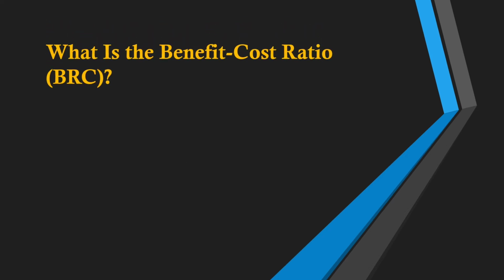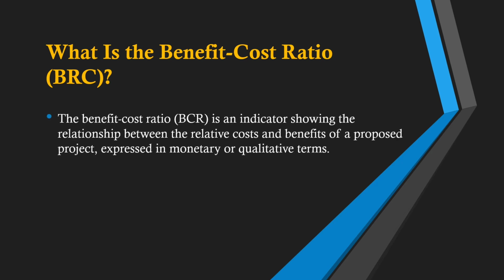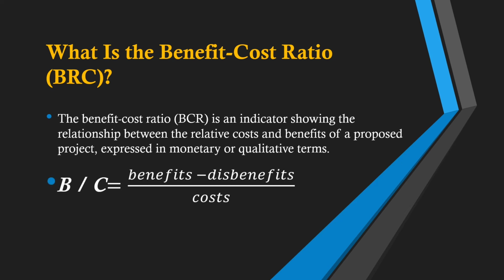So what is the benefit cost ratio? The benefit cost ratio is an indicator showing the relationship between the relative cost and benefits of a proposed project, expressed in monetary or qualitative terms. In benefit cost ratio, we use this equation or formula, which is benefits minus the disbenefits over cost.